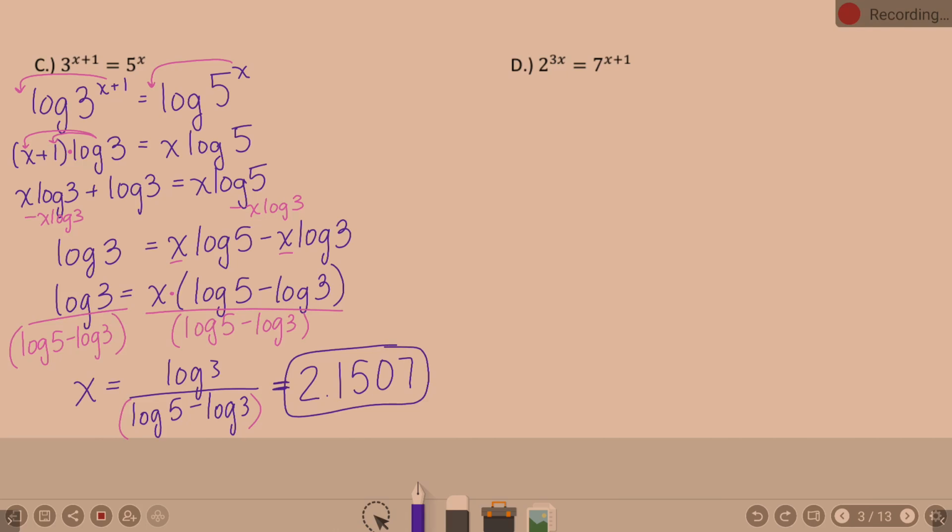Your other option, if you didn't like all the parenthesis work, okay, here's the other option. Could you find log 5 minus log 3 to begin with? Right? So here's another option. You find log 5 minus log 3, so you find that denominator. Now, this is my most recent answer on my calculator, yes?